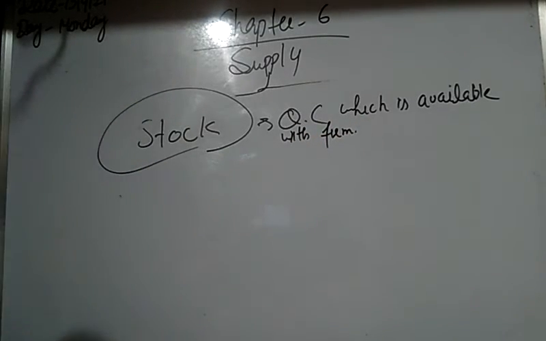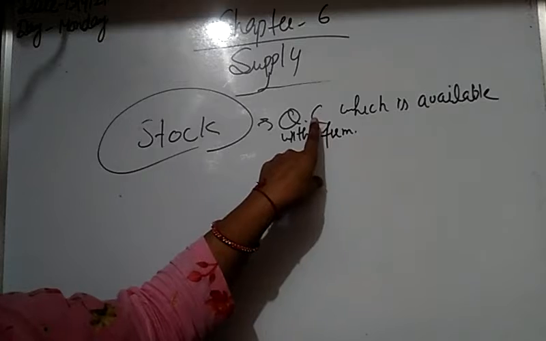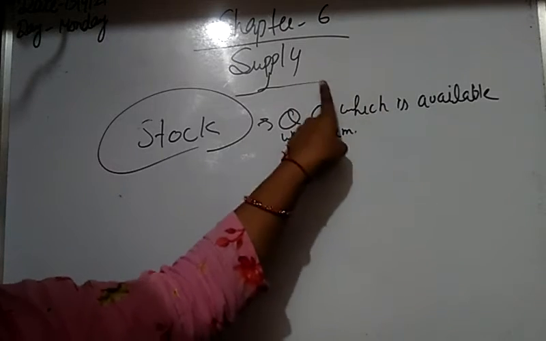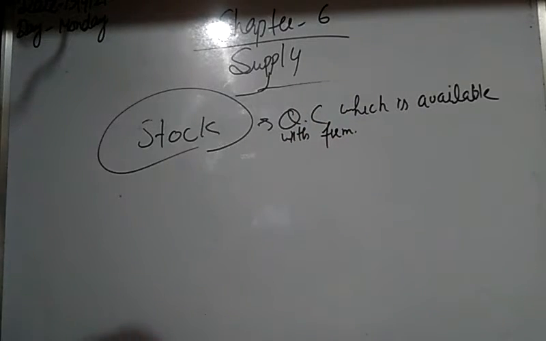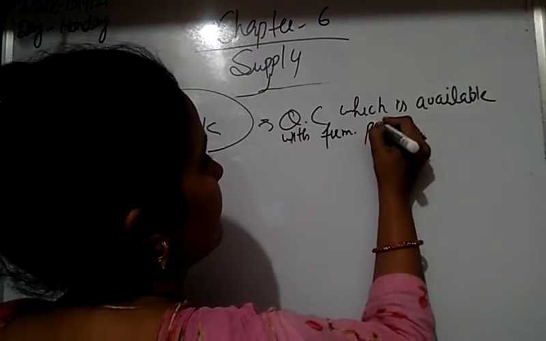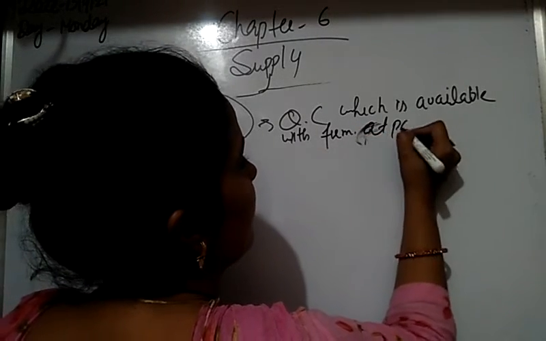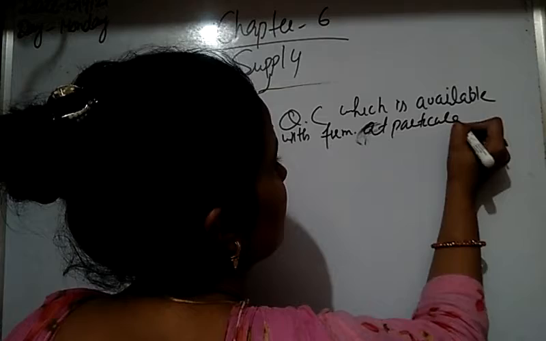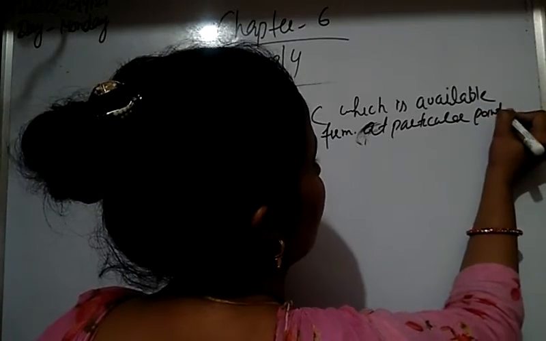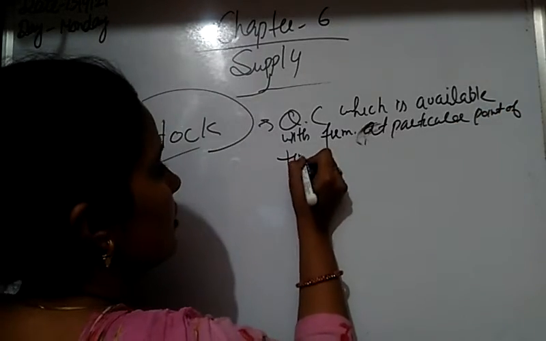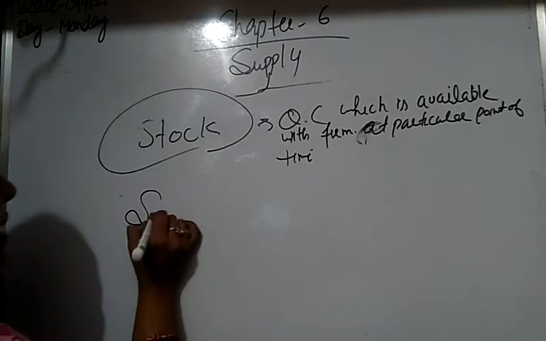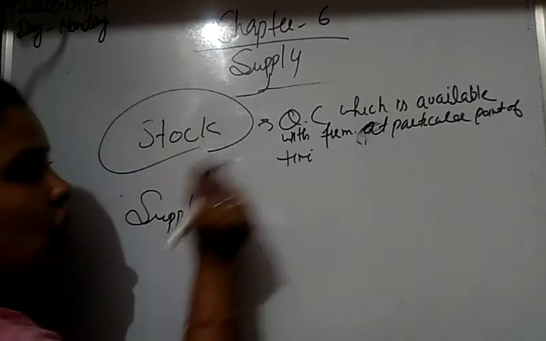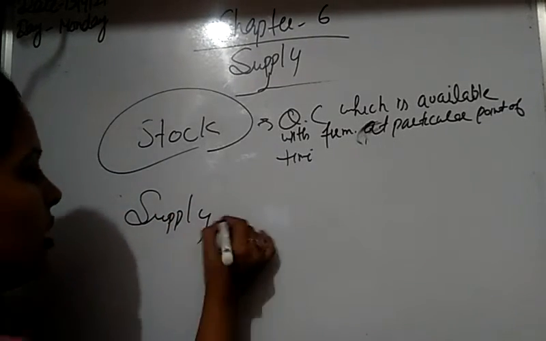Stock refers to that quantity of a commodity which is available with the firm at a particular point of time. Whereas supply is part of stock which is offered for sale.